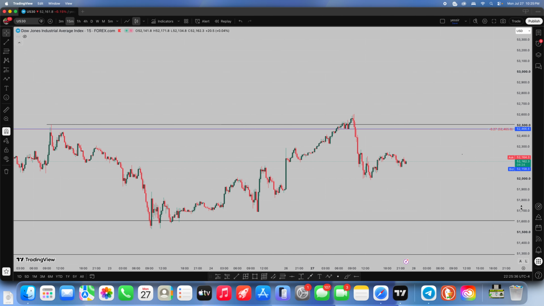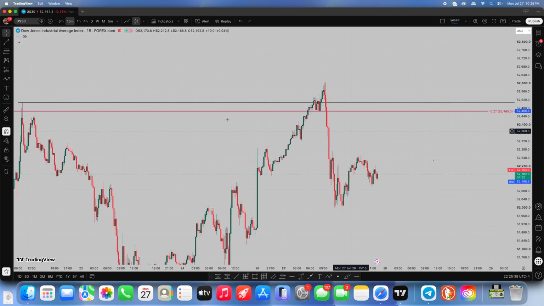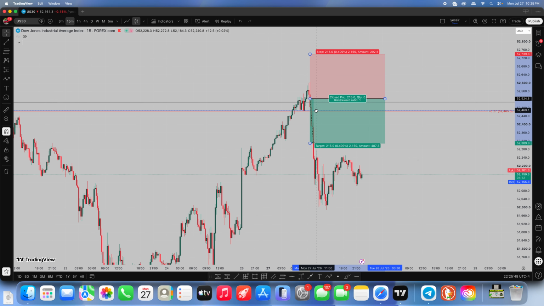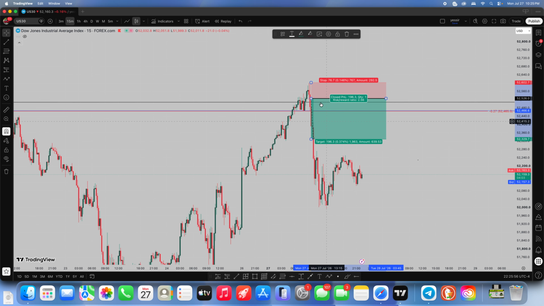So okay, boom. Took the liquidity over here. I know price is just not gonna keep shooting up, so took a nice little short around here. And I caught this trade. It was like a 1 to 1.5 or a 1 to 2. I'm not too sure. It was one of them.